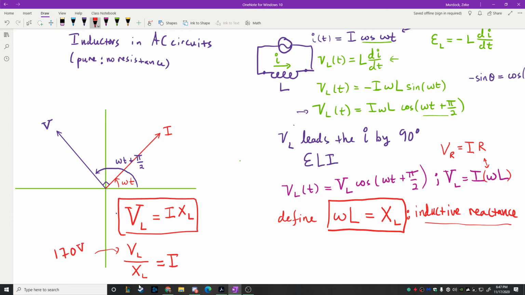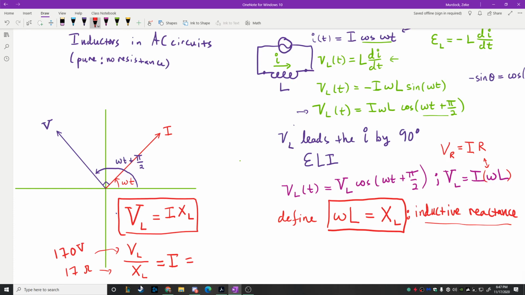And I told you that XL was 17 ohms. What would the current be? If this is 170 and I tell you this is 17 ohms, what would the current be? It'd be 10, right? And then what if I increase this to 170 ohms? I get 1 amp, right? Very simply put, the larger the value of the inductive reactance, the smaller the current's going to be.